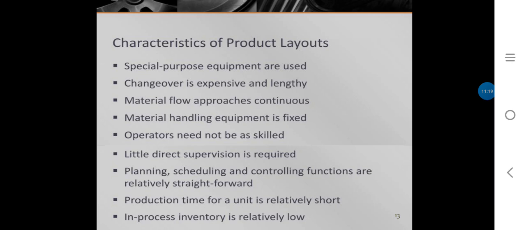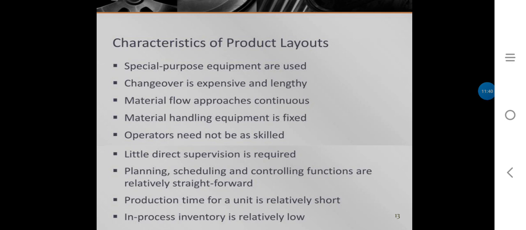Characteristics of the product layout: special purpose equipment is used. Changeover is expensive and lengthy. Material flow approaches continuous, and material handling equipment is fixed. Operators need to be skilled, but little direct supervision is required.